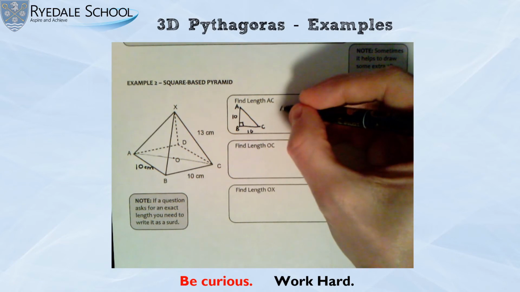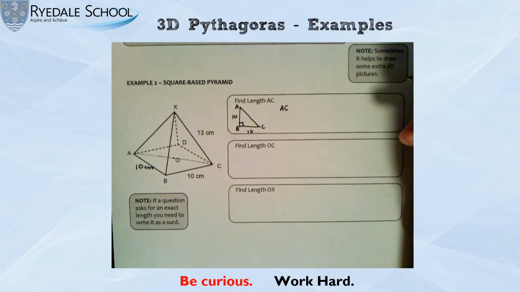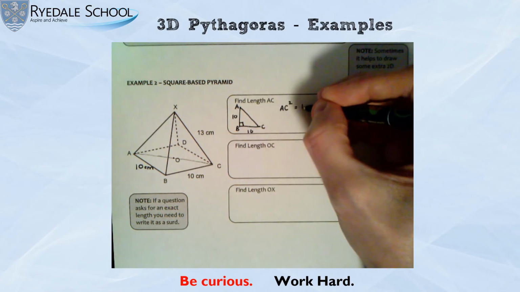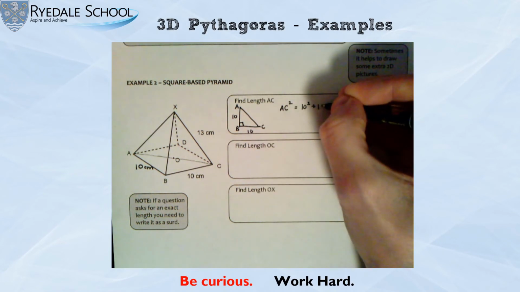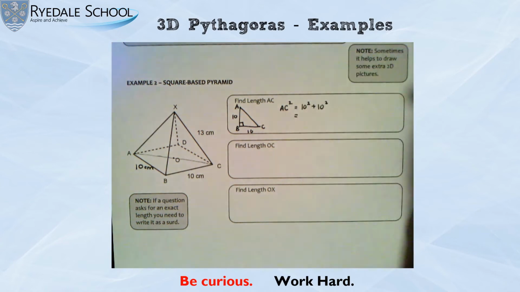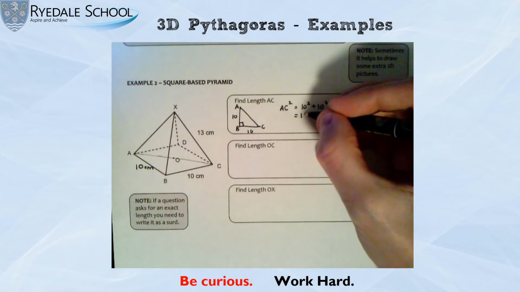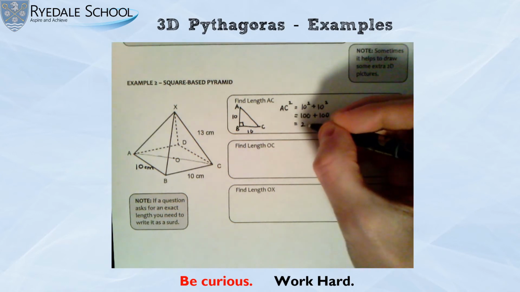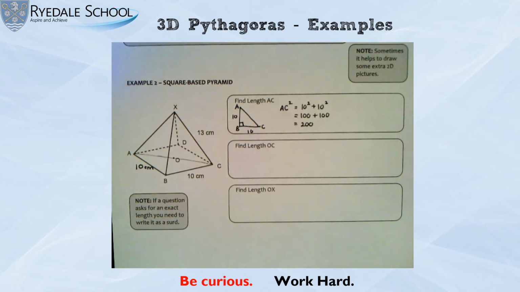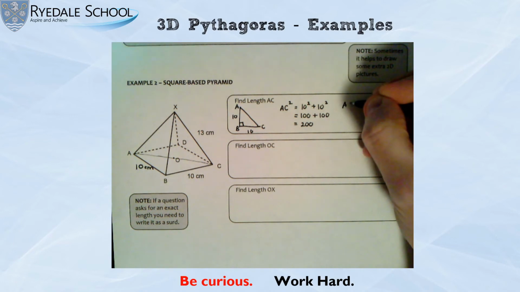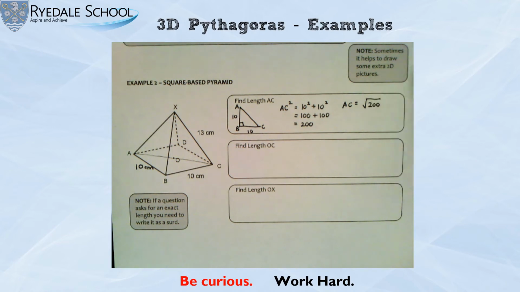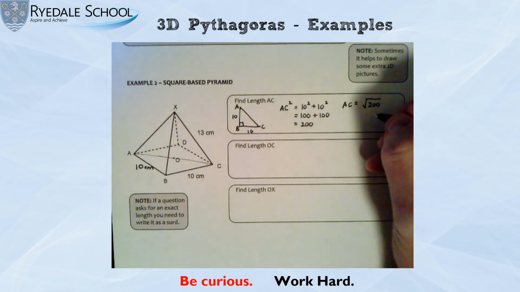So if I want to work out the length of AC, AC squared would be 10 squared plus 10 squared. Again, I'm finding the longest side here. I think we can rattle through this one quite quickly. 10 squared is 100, 10 squared is 100. So all of that is 200. But of course, if I want the length of AC, I need to do the square root of 200.